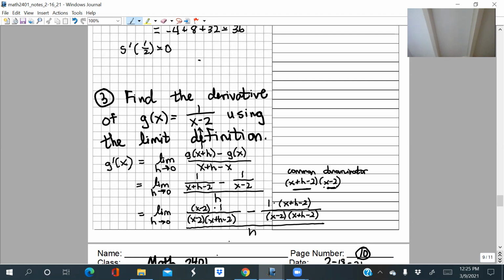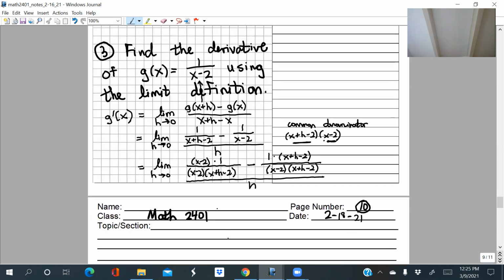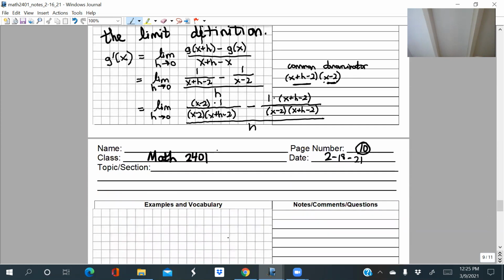Now, at first, that looks kind of awful. But this is where you can't let yourself get intimidated by the algebra. All right, so we have the limit as h goes to 0. Let's see, what's this fraction? Well, what's this fraction? Just what it says it is.